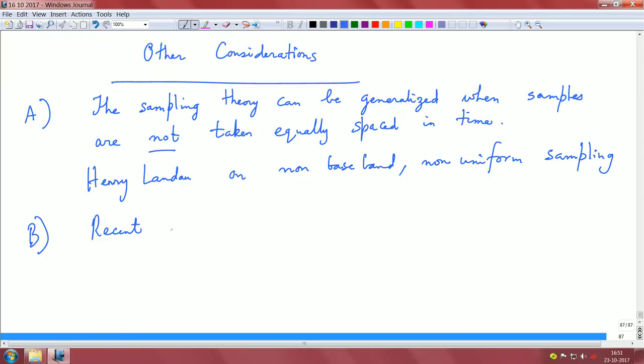And of late there is a recent well developed theory on compressed sensing, or it is also called compressive sampling.